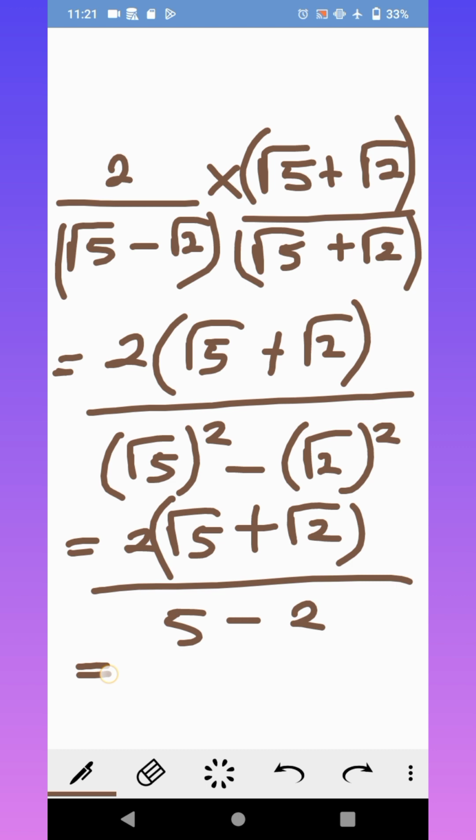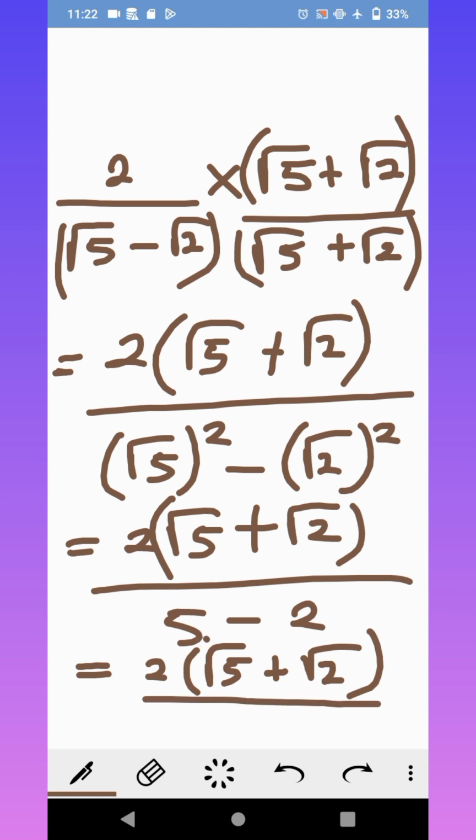Okay, our answer finally becomes 2 open bracket root 5 plus root 2 all over 5 minus 2 is 3, and that's our answer. Well, that's as much as we can take for now.